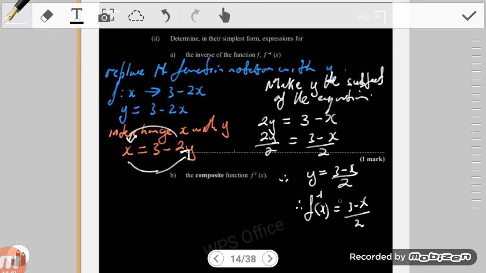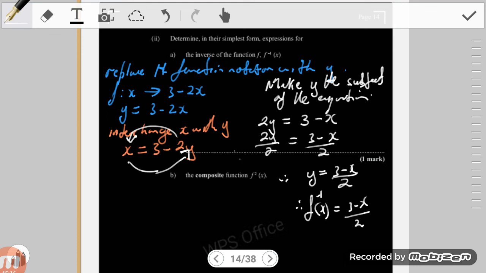I like doing this because they ask us to find f minus 1, but the procedures that we're using here are where we do some alterations and make y the subject. So once we have gotten y to become the subject of the formula, then we know that we have automatically obtained our inverse.